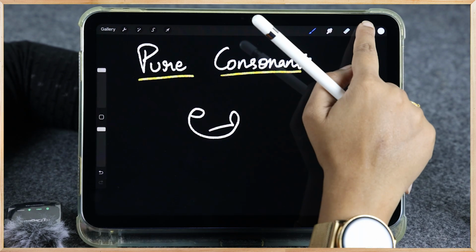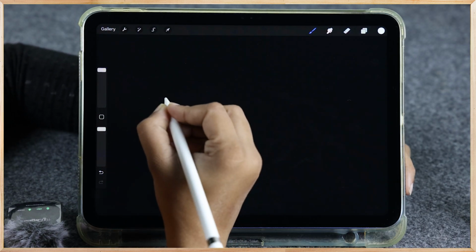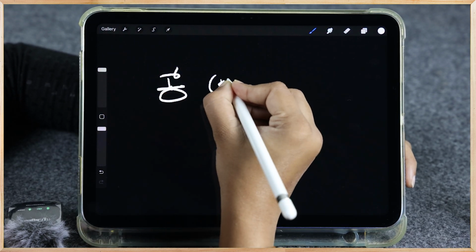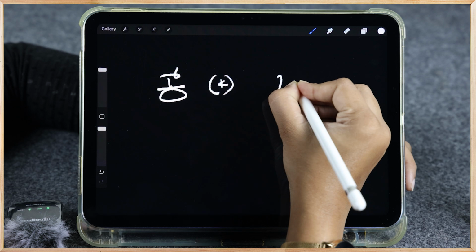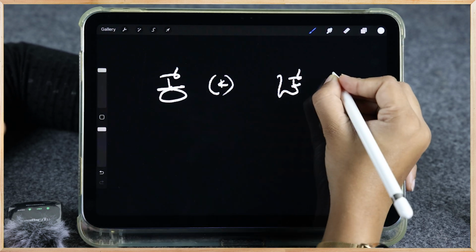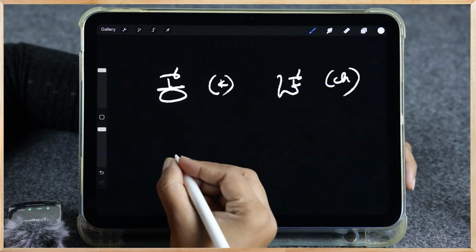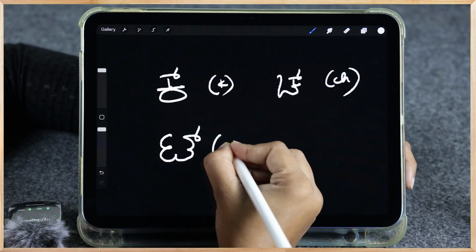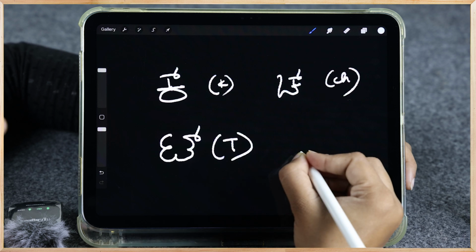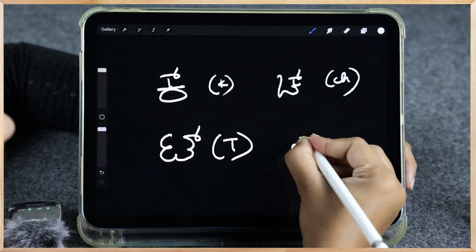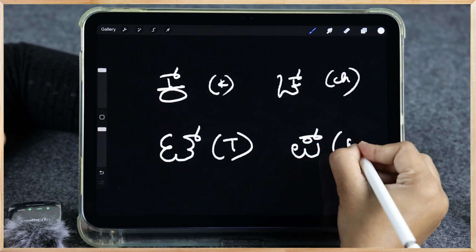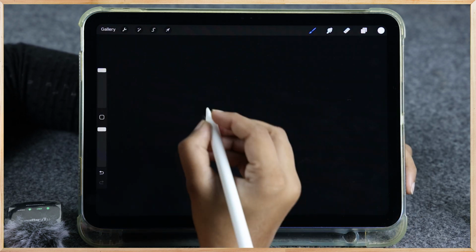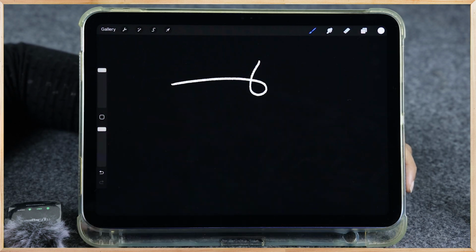For example, the pure consonant will look like this: K, or Ch, or T, or P. Please observe that the pure consonant is always written with this symbol.